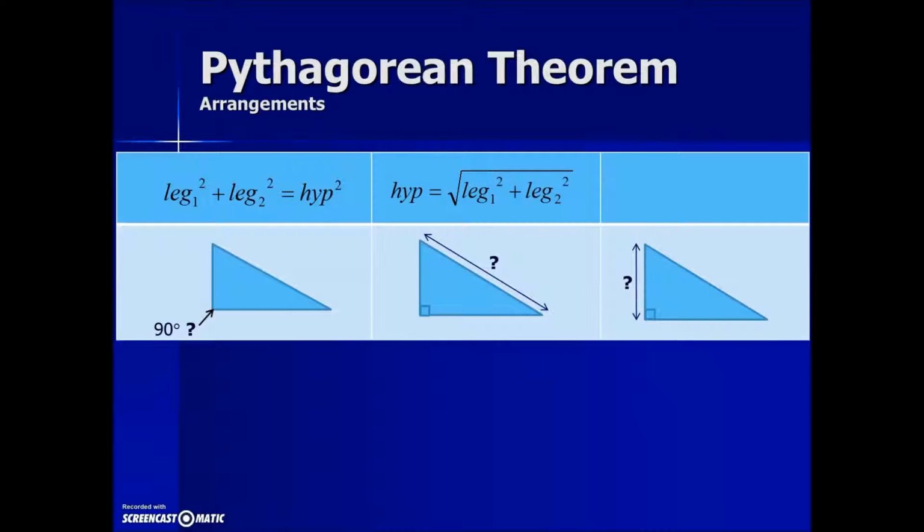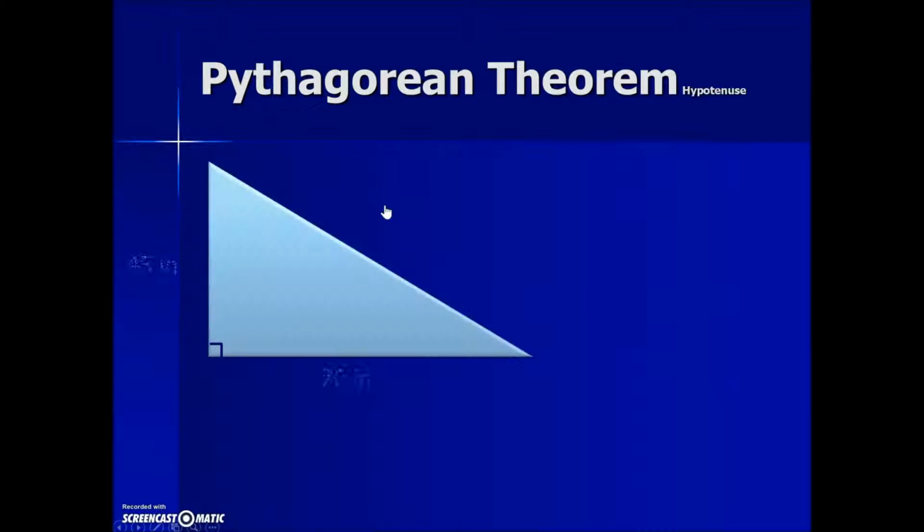When we're determining the hypotenuse of a right triangle, we have a variation of the Pythagorean theorem where the rearranged formula looks like this. Taking each of the legs squared, added together, and then taking the square root of the result will give us the hypotenuse. And here's how this works. In this right triangle, we have leg lengths of 45 and 70 inches, and we want to know the length of the hypotenuse.